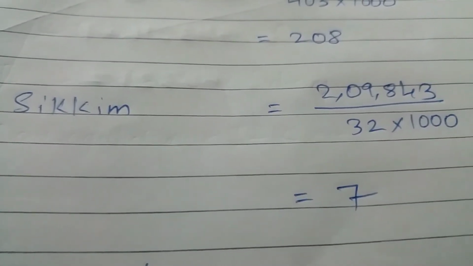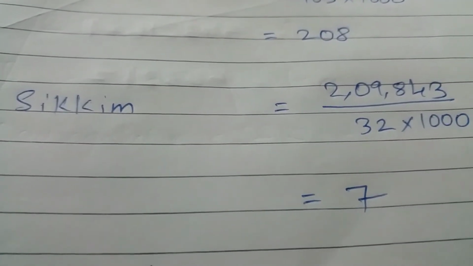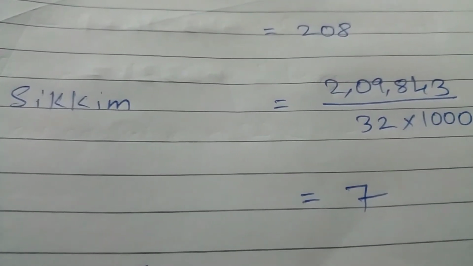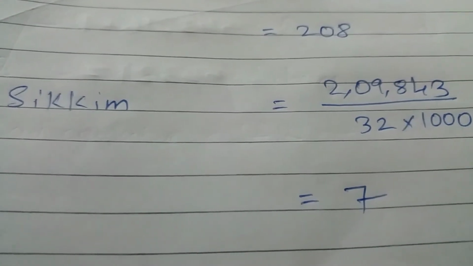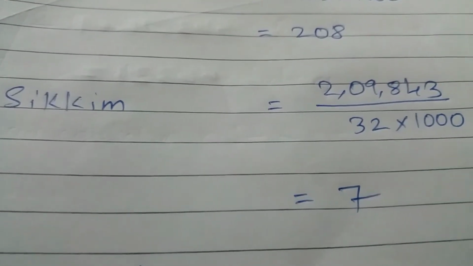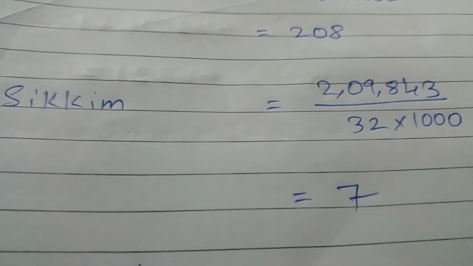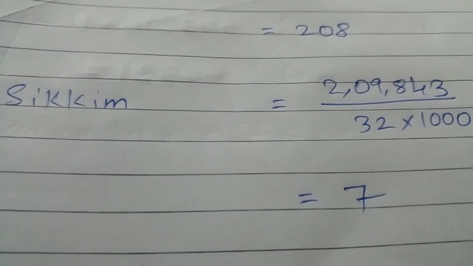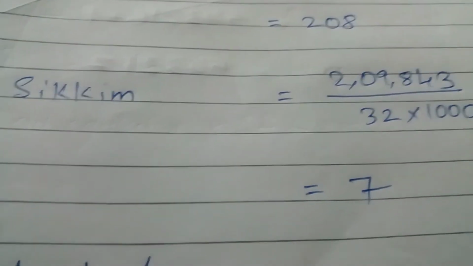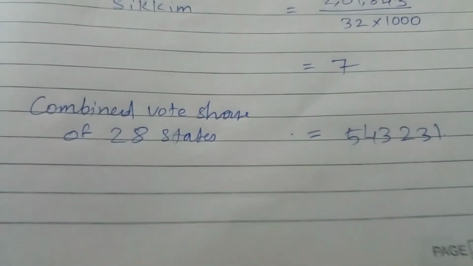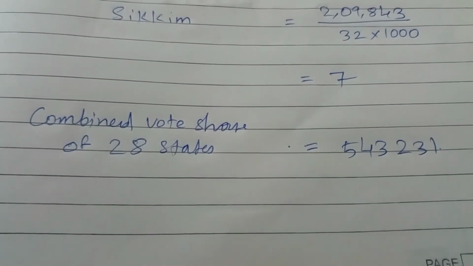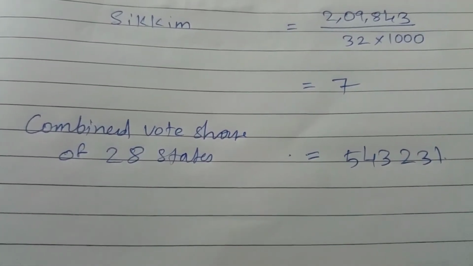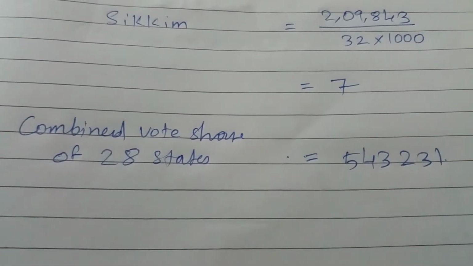Sikkim has 2 lakhs 9,843 population and it has 32 MLAs. Applying our equation, we get 7 as the value of the vote of each MLA from Sikkim. Like this, the combined vote share of all the MLAs of the states comes to 5,43,231.